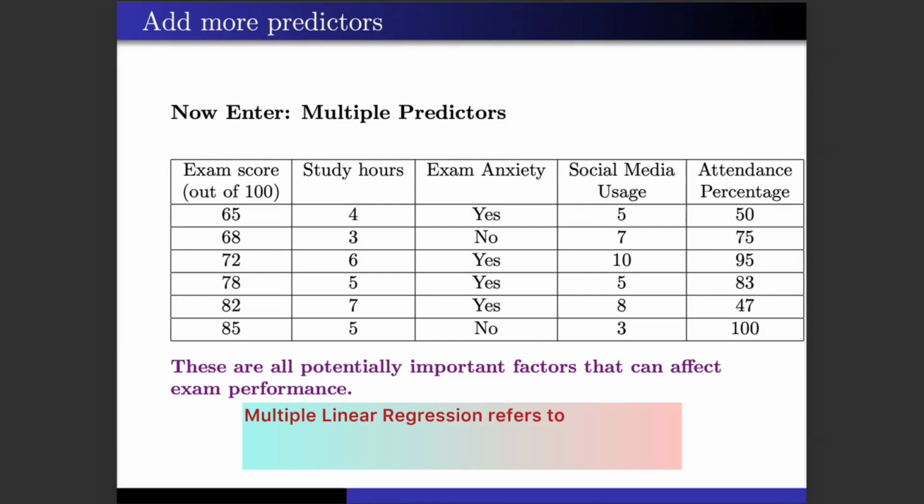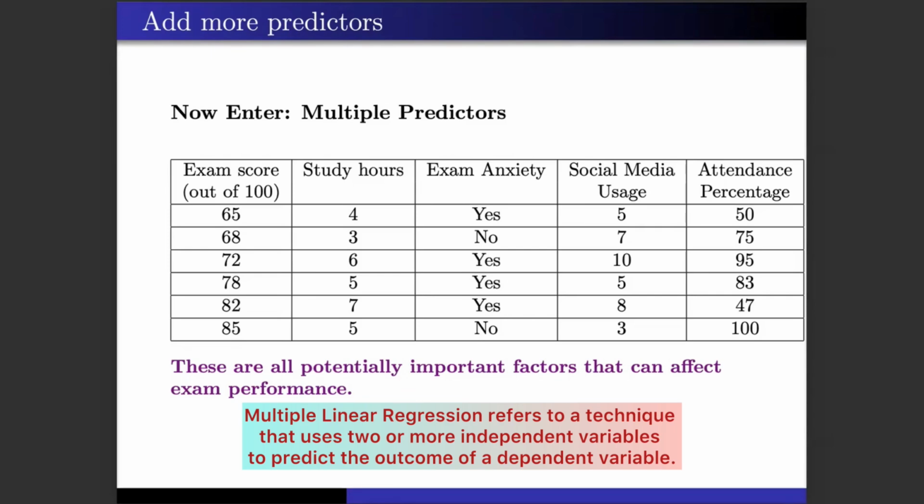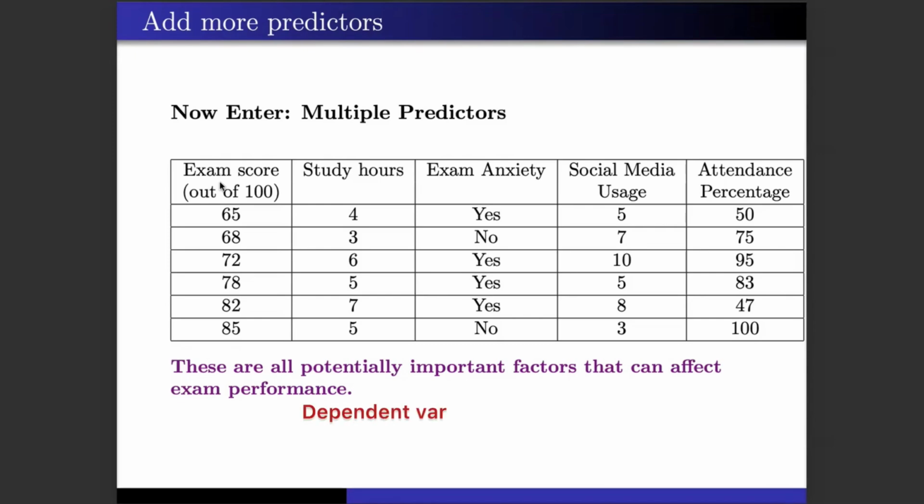Multiple linear regression refers to a statistical technique that uses two or more independent variables to predict the outcome of a dependent variable. Here, the dependent variable is still the same. The exam score we have on the extreme left is still the dependent variable. But now we have more than one independent variable.